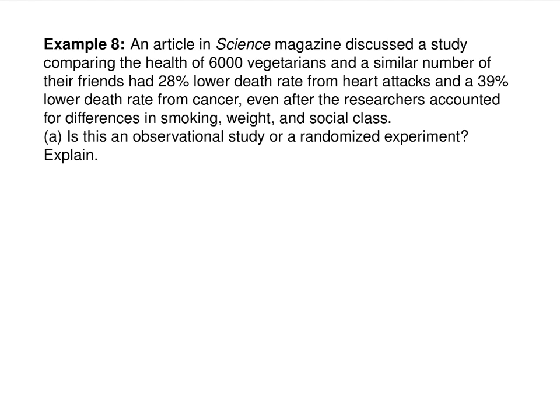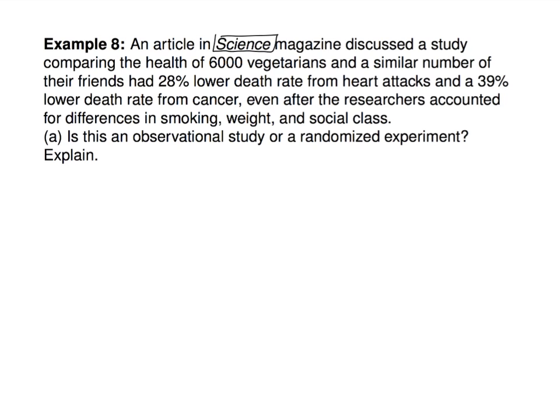Okay, so an article in Science magazine discussed this study comparing the health of 6,000 vegetarians and a similar number of their friends. And there was a 28% lower death rate from heart attacks and a 39% lower death rate from cancer, even after the researchers accounted for differences in smoking, weight, and social class. Wow.